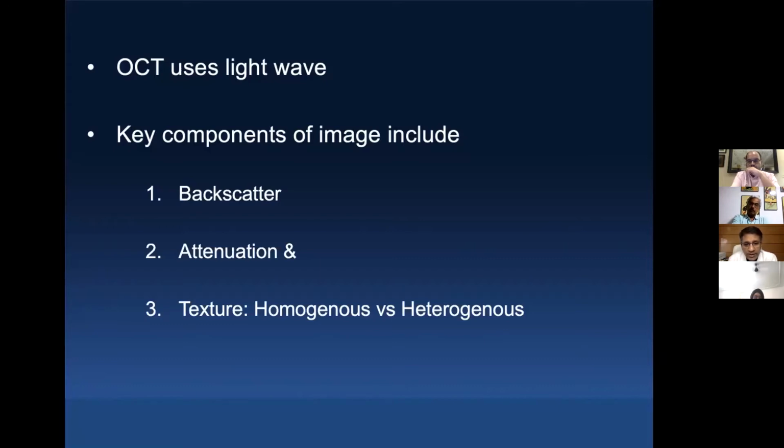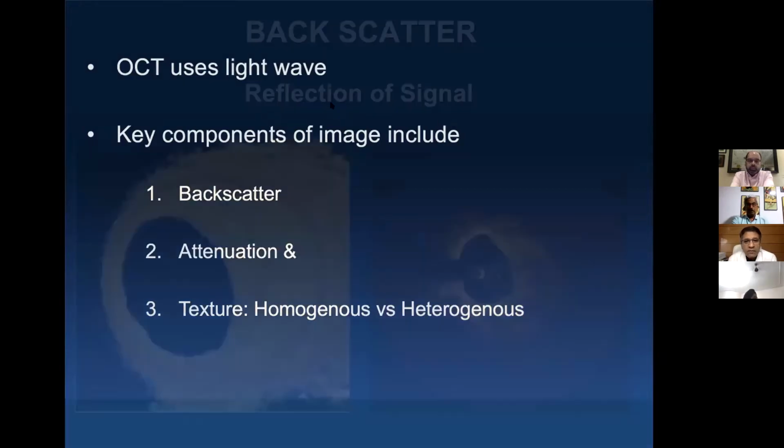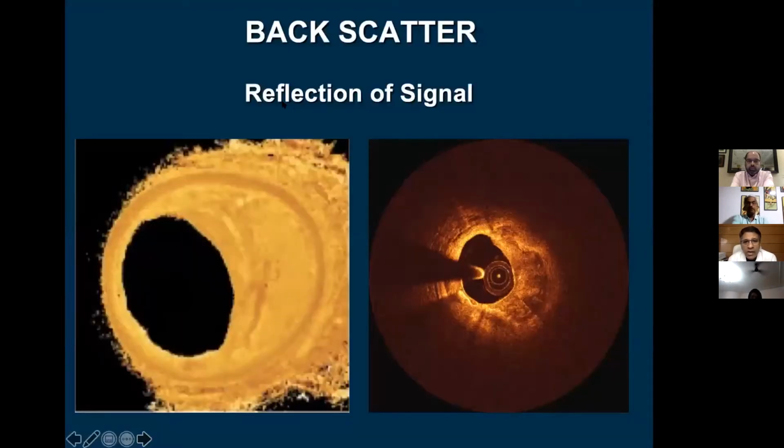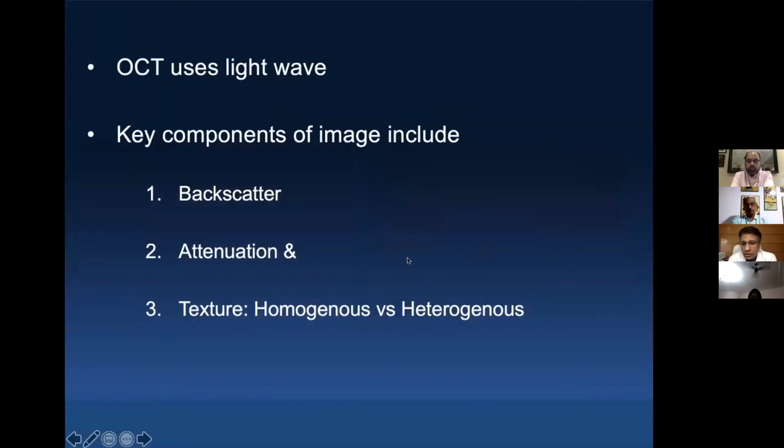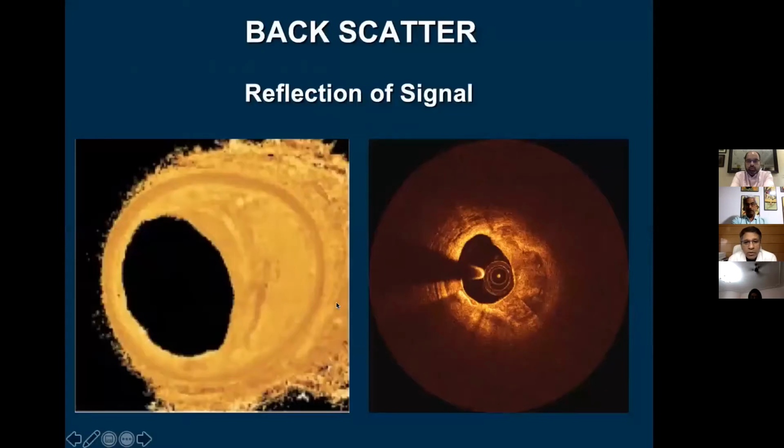Now let me explain what you mean by backscatter. Backscatter is basically the reflection of the signal. I'll explain all these three terms by the same group of two images of the coronary. Backscatter means reflection of signal. Here you see that the signal is reflected back very greatly.